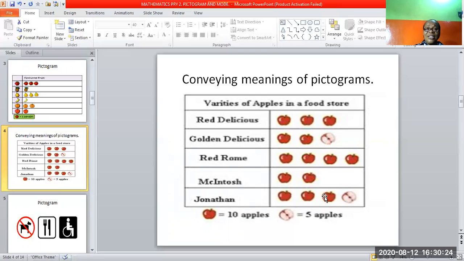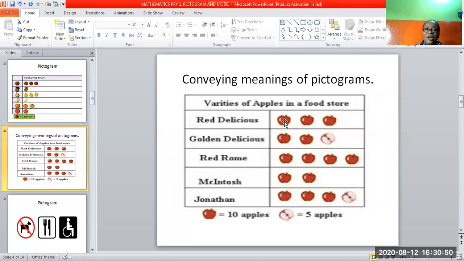In superstores, the favorite of most people is the red delicious apple, followed by the Jonathan apple. 35 of the Jonathan apples were sold, while 40 of the red delicious apples were sold.